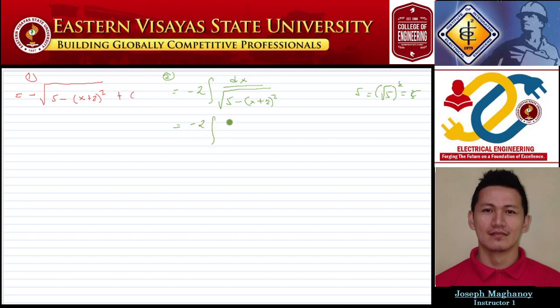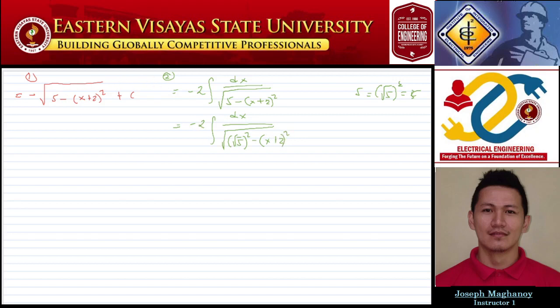So negative 2 dx over square root of quantity square root of 5 squared minus x plus 2 squared.